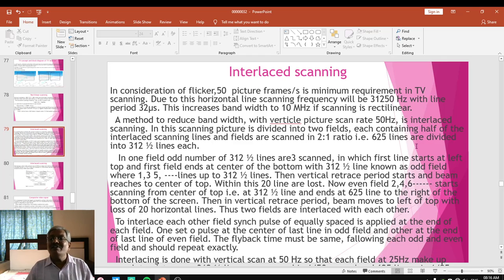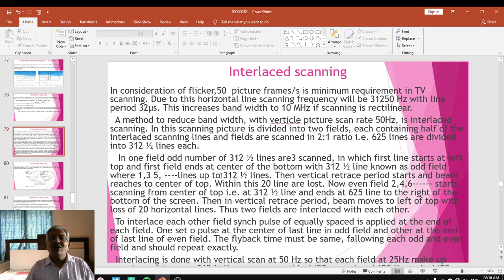That is, 625 lines are divided into 312.5 lines each. Means one vertical frame is divided into two fields. Each field contains 312.5 lines. When two fields are scanned, then one vertical frame is generated. One vertical scan gets completed.